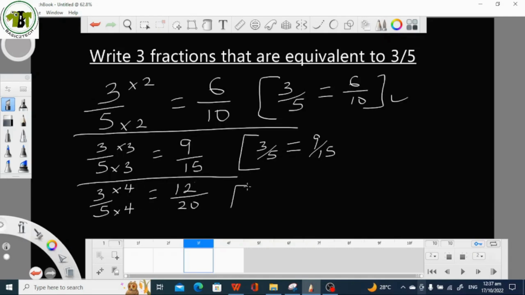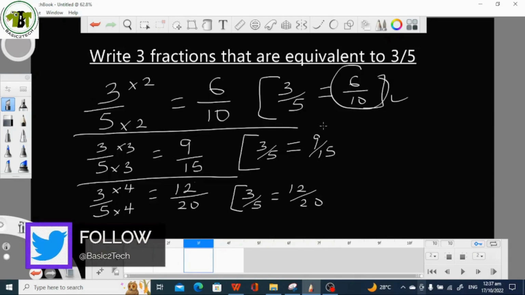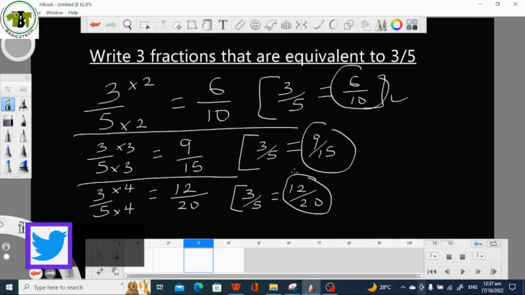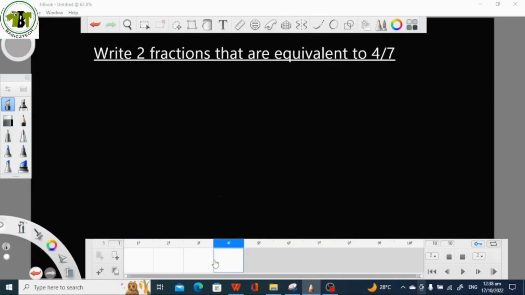So this means that 3 over 5 is equivalent to 12 over 20. So the 3 equivalent fractions to 3 over 5 are 6 over 10, 9 over 15, and 12 over 20. Let's look at our next example.